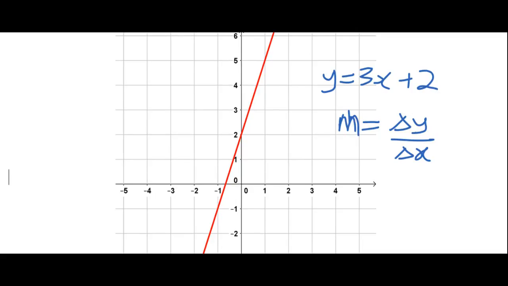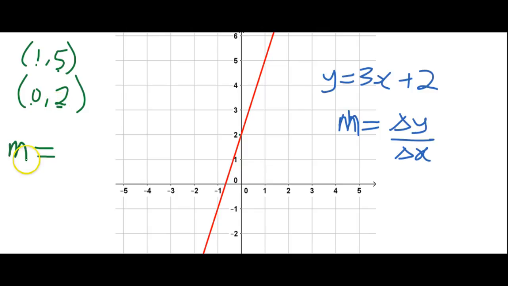We can calculate it by taking 2 points. For example, if I pick this point here, which is (1, 5), and this point, which is (0, 2), then I can find the gradient. If I call this x1, y1, then I can call this x2, y2.